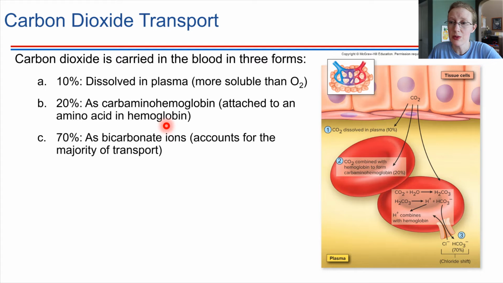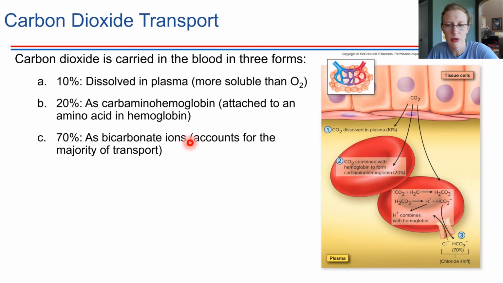Interesting. So oxygen is transported attached to hemoglobin, and it turns out carbon dioxide can do that as well. Only about 20% of the carbon dioxide transports this way though. The majority is transported as bicarbonate ions, and this is what our lab focused in on in some detail. So most of the transport happens in this form in the blood.